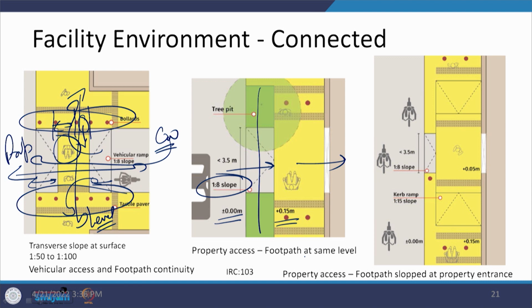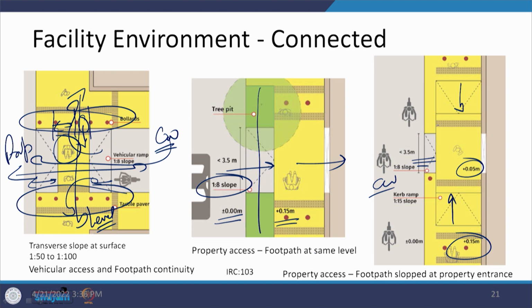There can also be a possibility that we have to get down to the level of the carriageway or to some other lesser level. Here what you see is that though the ramp is being provided, the level difference between the carriageway and the footpath is only 50 mm as compared to 150 mm on this side, and that is where a ramp is provided for the pedestrians also, which is 1 in 12 to 1 in 15 as we discussed.